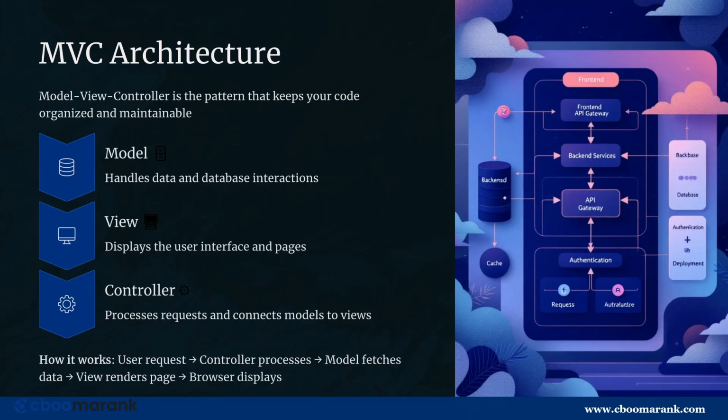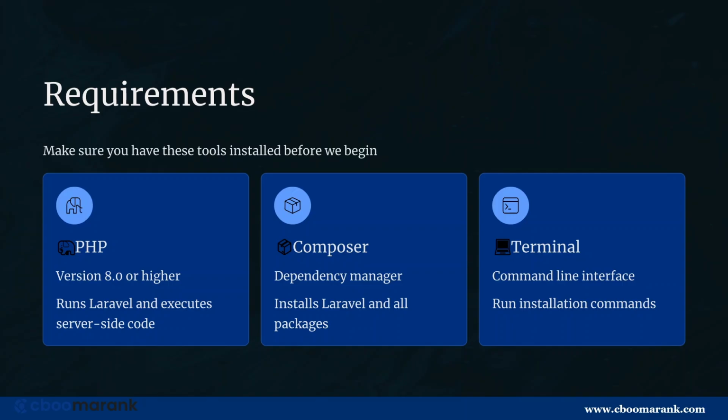So now let's move to the requirements of Laravel. To install and run our Laravel program, we need PHP version 8 or higher, since Laravel runs on PHP. Then we require Composer, which is a dependency manager that installs Laravel and all packages.